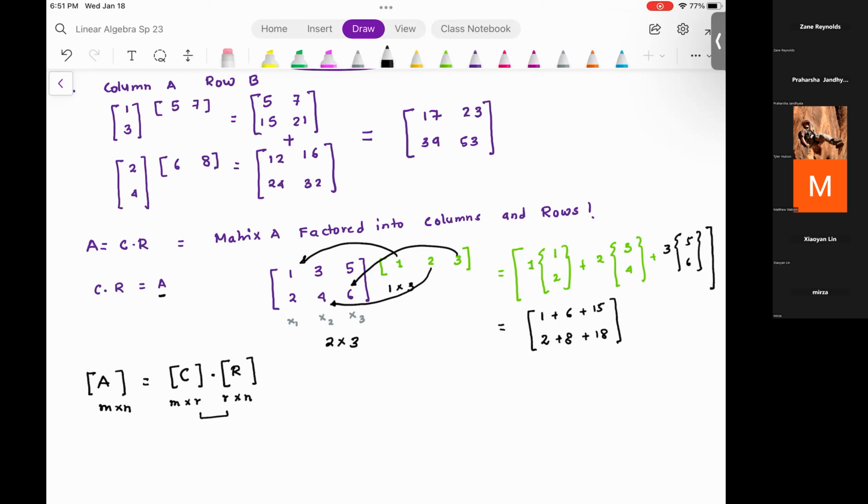So this is column times row factorization.